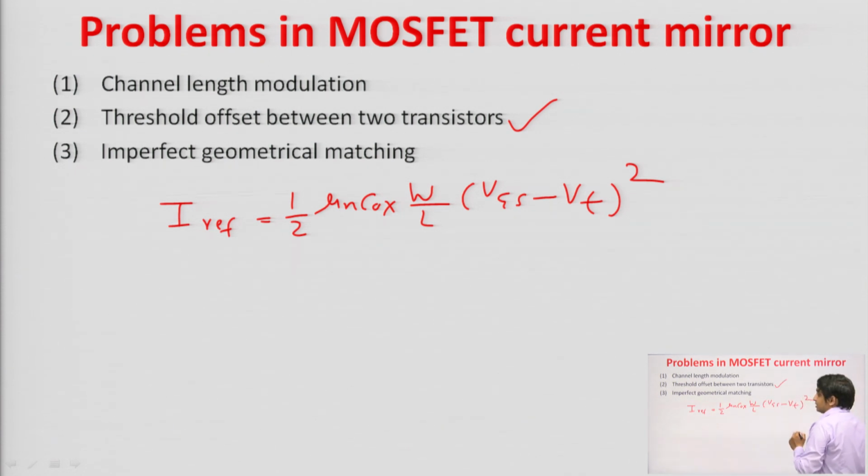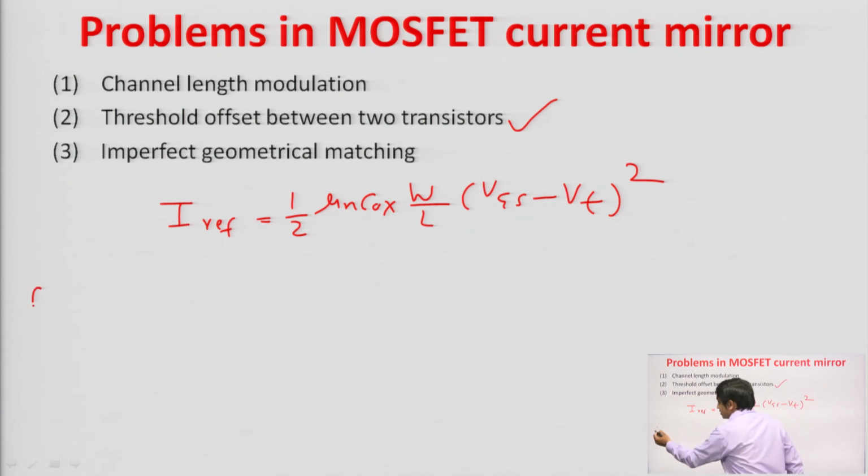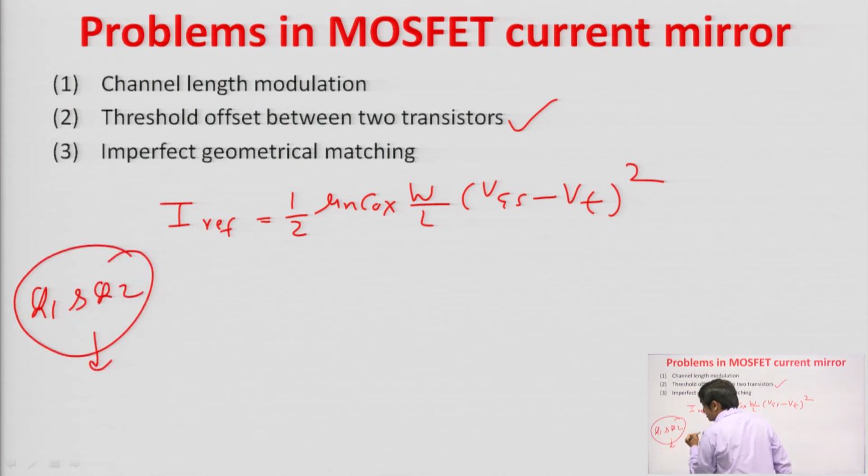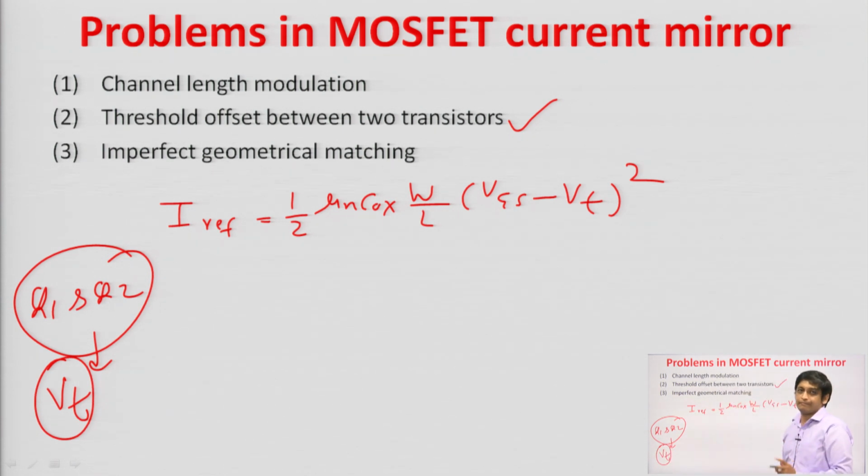Now, see, threshold offset means, since I have already mentioned both the Q1 and Q2 transistors in current mirror should be matched. Matched means the threshold voltage of both the transistors should also be same, fine. But practically what happens, VT, this threshold voltage may vary slightly, it may vary slightly, right.